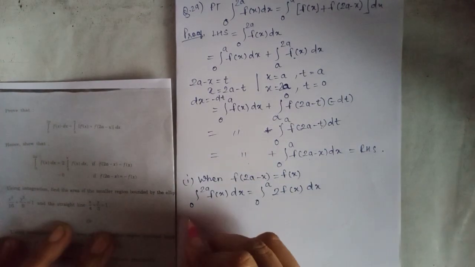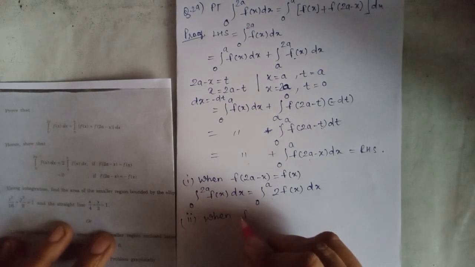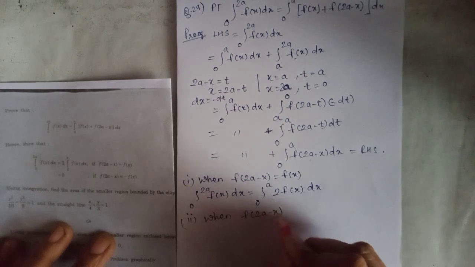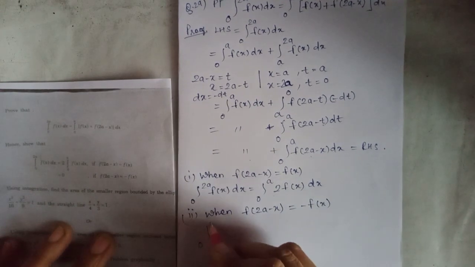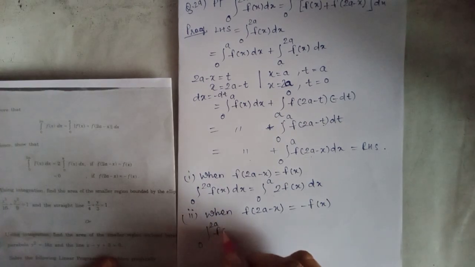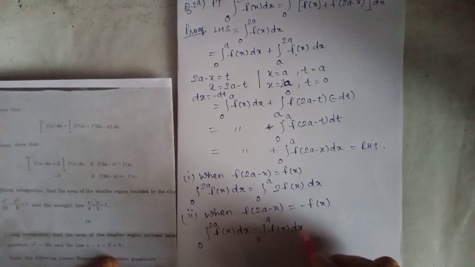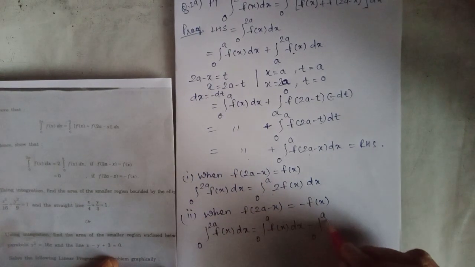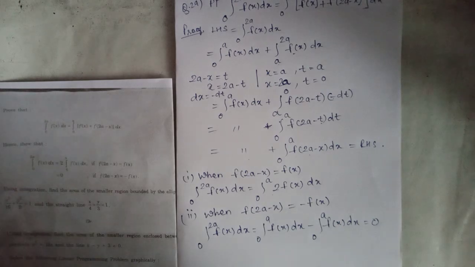This is proved. When it is minus f(x), you will get the integral from 0 to a of f(x) dx and the other term is minus the same, so this is 0. So this is proved.